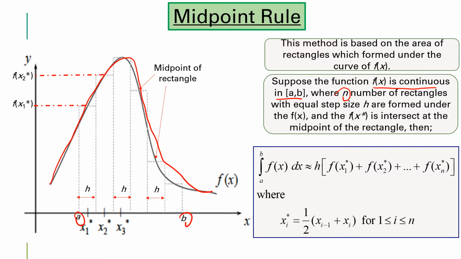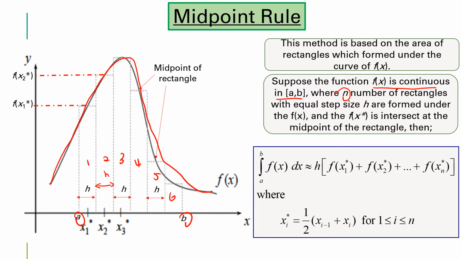For this f(x), for example, we have n number of rectangles. For this graph, we have 1, 2, 3, 4, 5, 6 rectangles. For each rectangle, the step size is h.